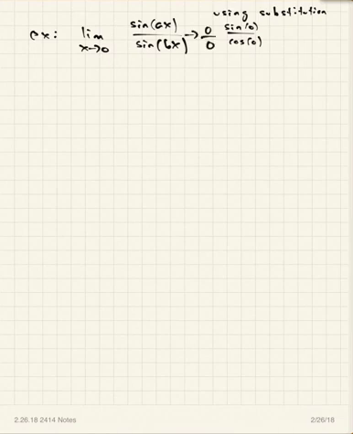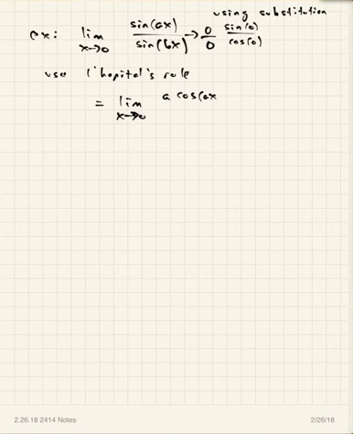All right, so this is a problem that is a L'Hopital's rule problem. So we use L'Hopital's rule. And when you use that rule, what happens? You take the derivative of the numerator, and the derivative of the numerator would be a cosine of ax.